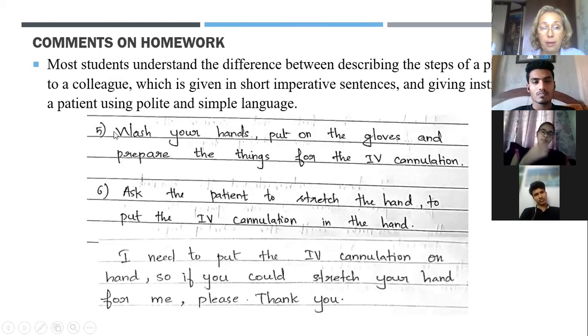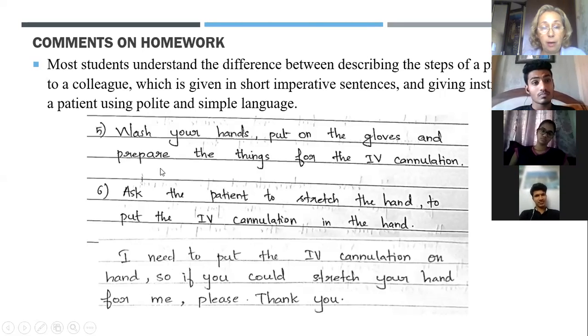So for example, like here, number 5, 6: wash your hands, put on the gloves and prepare the things for the cannulation. And ask the patient to stretch the hand to put the IV cannulation in the hand.